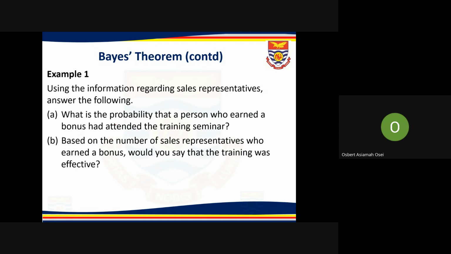So now we have changed the question. We are looking at the reverse. And based on the number of sales representatives who earned a bonus, would you say that the training was effective? So let's look at it.